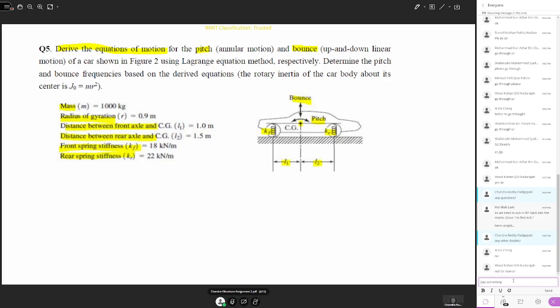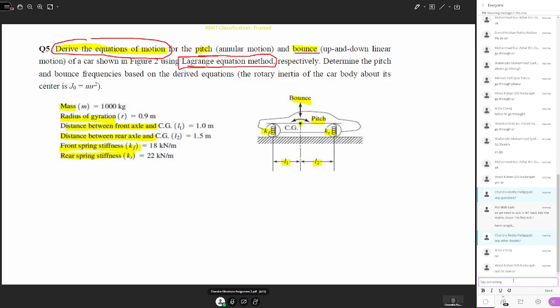Here you are asked to derive the equations of motion for the pitch, that is the angular motion, and the bounce, that is the vertical motion up and down, for a car shown in figure 2, but use Lagrange's equation method. So you are asked to apply Lagrange's method and derive the equations of motion.